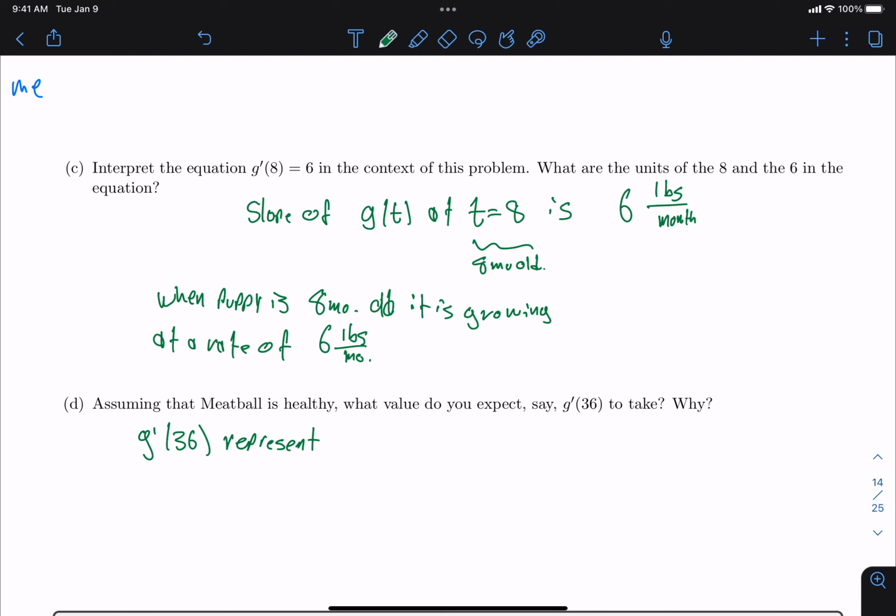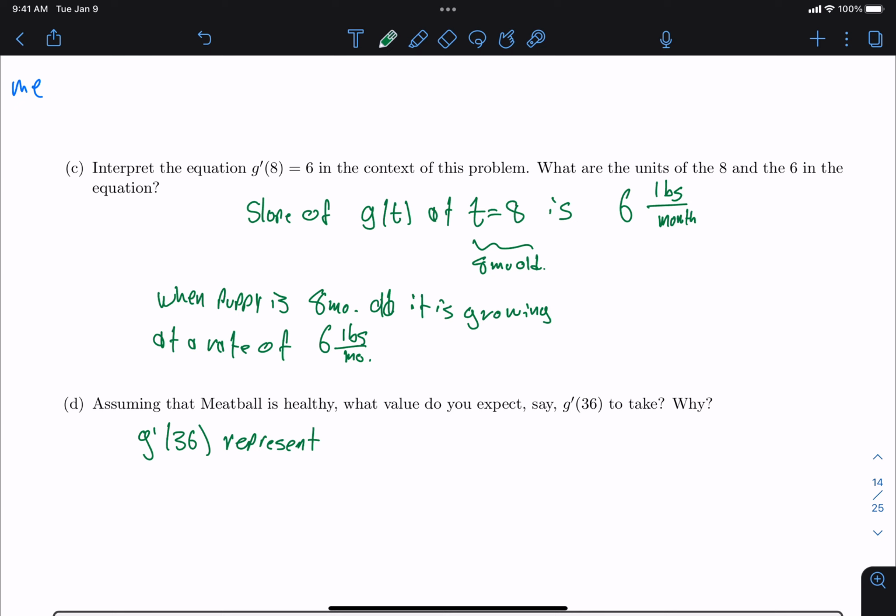about this problem, right? g prime of 36 would give us a number which describes what in terms of the problem? Can someone answer that for me? What does it describe? g prime of 36. So the months are 36. Good. And how about g prime? What does g prime tell us about the puppy? The growth rate, yes.